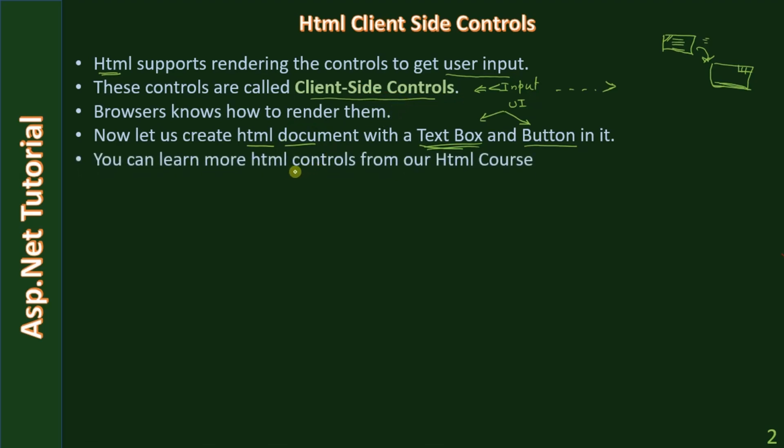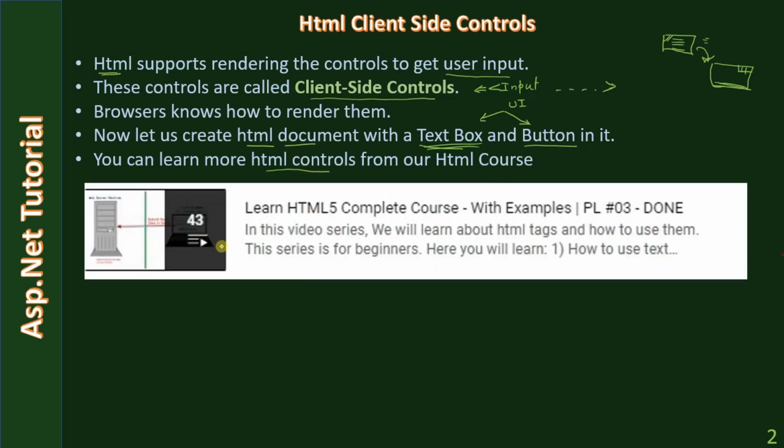You can learn more about HTML controls from our HTML course, which is shown here. Learn HTML5, and in that you will have 7 or 8 videos that talk about creating client-side controls. You will see how to create a checkbox, radio button, combo box, all those things in this course.